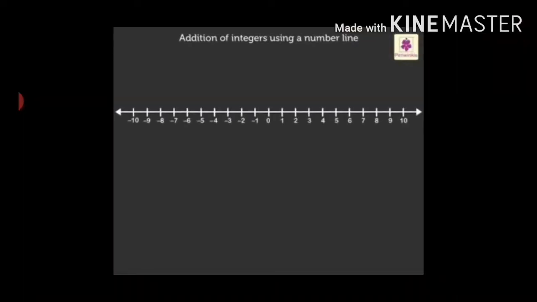Addition of integers using a number line. Let us look at a few examples. Example 1. Add positive 5 plus positive 3. Firstly, start from 0 and move 5 places to the right. We reach positive 5.